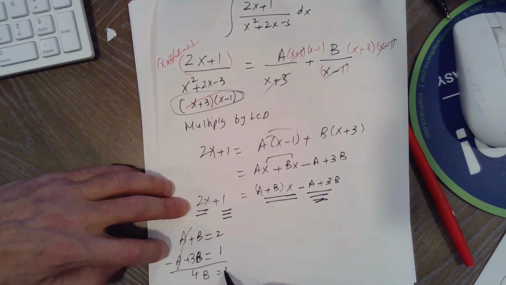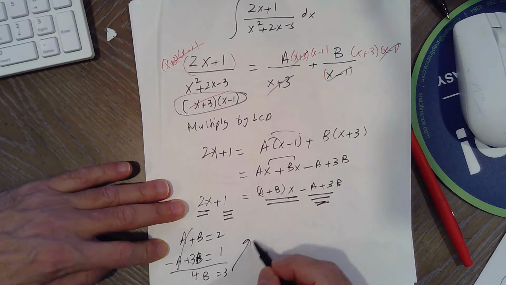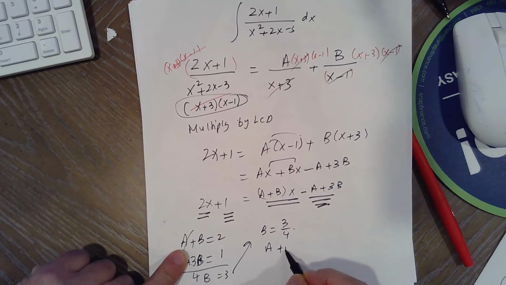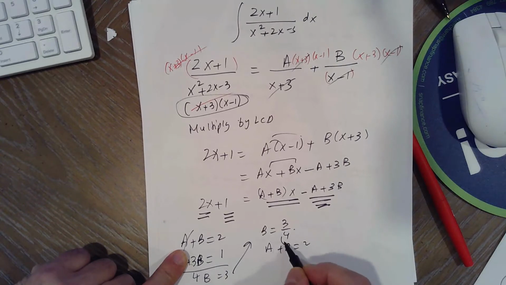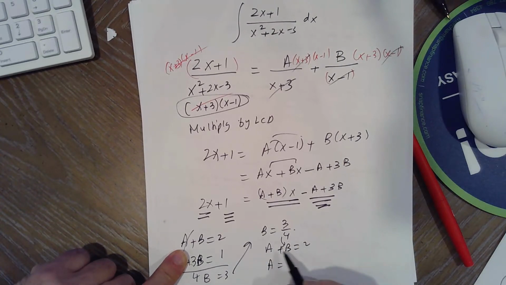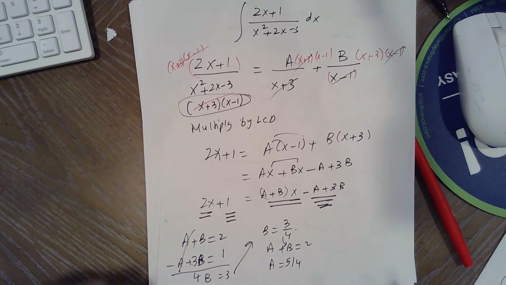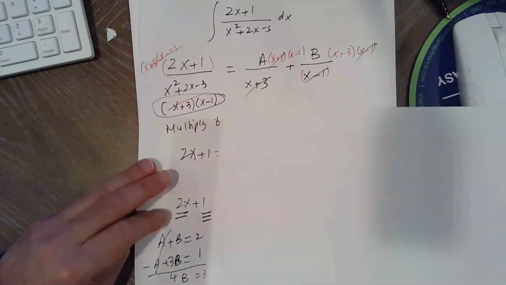4b equals 3. So b is 3 over 4. And then to get a, a plus b is 2. We plug it in. So a is 2 minus 3/4, which is 1 and 1/4, or 5/4. And then we write our integral.